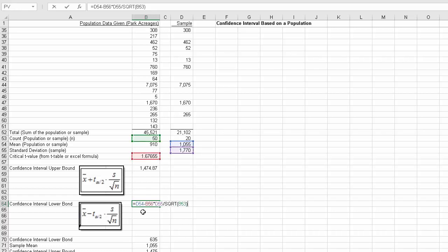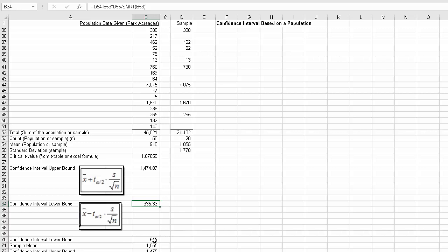So it's the exact same formula, only with a minus before that second term. And when we do that, we come up with the confidence interval lower bound. Now, keep in mind, I'm using Excel to do the math, but you could do this with a calculator. There's the formula. You could do this by hand, or you could put the numbers in one at a time. You could put the square root somewhere else and then use Excel to multiply it, and either way is fine. Actually, any way you get to it is fine.